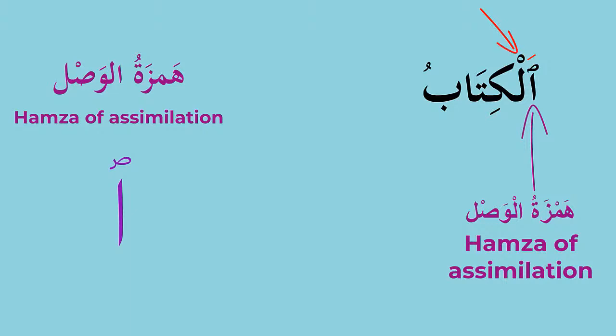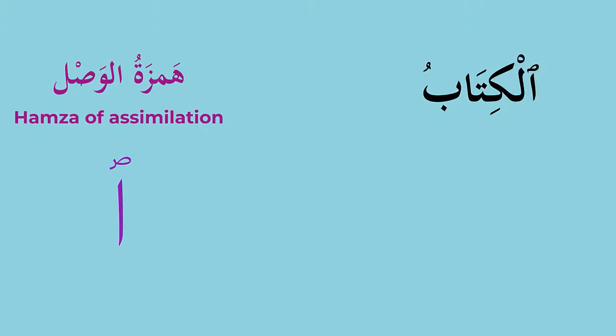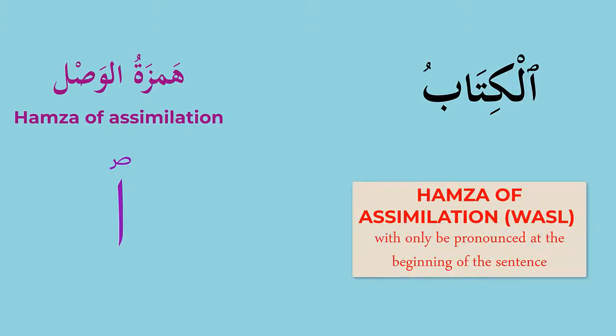Are you with me, brother? Every time you see Al, you will read it Al, without vowel signs. And you know there is a fatha here, and there is a sukoon here. You know it, brothers and sisters. Now, Hamzatul Wasal will only be pronounced if the sentence begins with it.